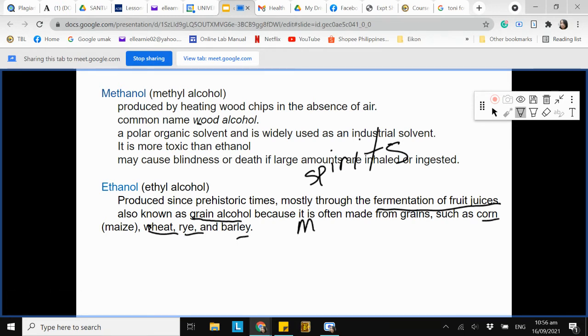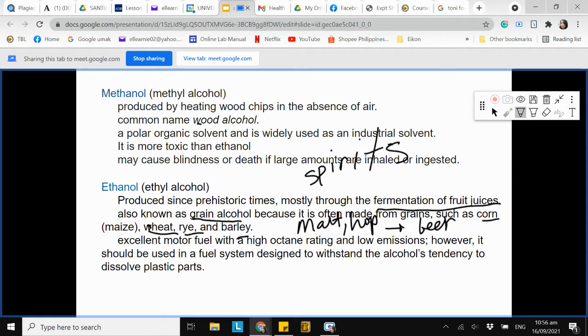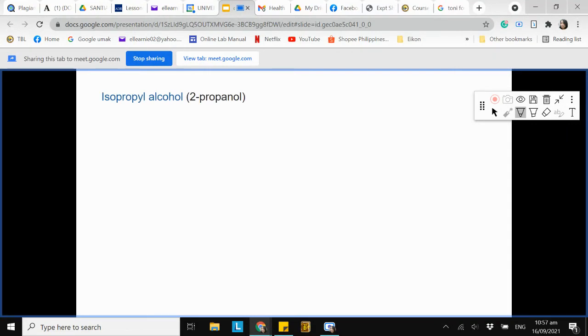Then there's also malt and hops, the raw material of beer, a mixture of malt and hops that is fermented. It is also used in motor fuel because of its high octane rating. However, one of the byproducts of using ethanol is water, which tends to mix with the engine and can damage the parts. So that is for ethanol.